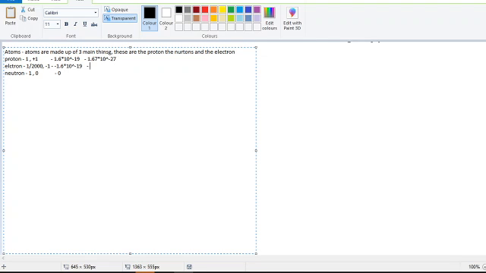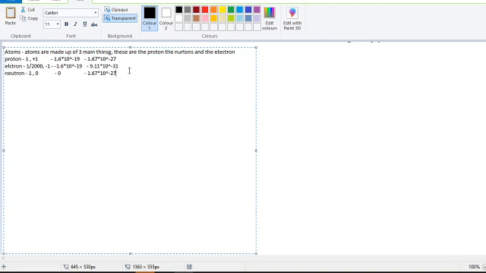The electron is 9.11 times 10 to the -31, and the neutron is now 1.67 times 10 to the -27. So they're very small quantities. If you want to know, the units are coulombs and kilograms.